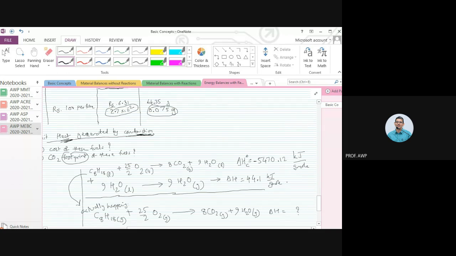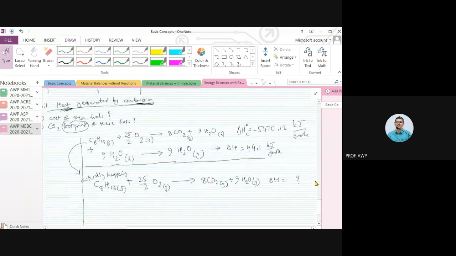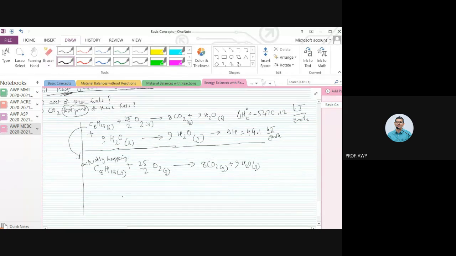So I need to multiply that by 9 because I have to add 9 gram moles of water on the left side, 9 gram moles of water in the vapor state on the right side. So for this particular reaction, what is actually going to happen in the engine, delta H would be minus 5470.12 plus 9 times 44.1.